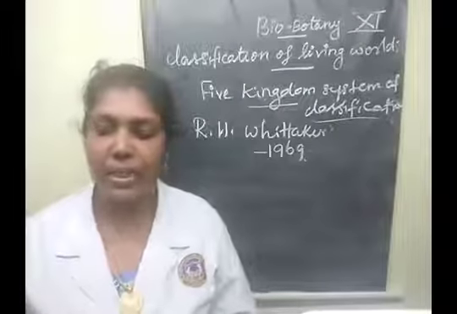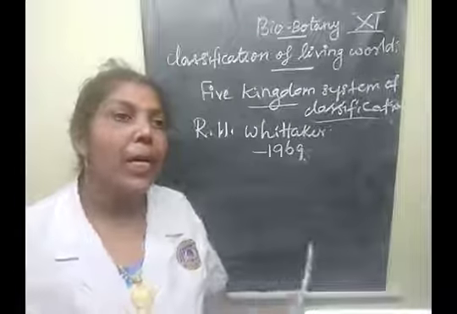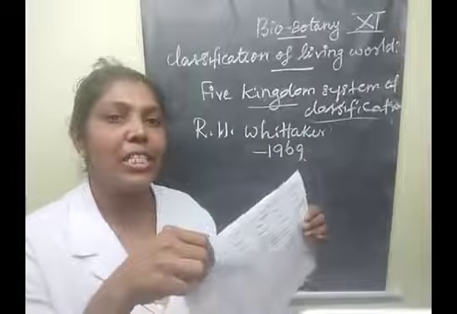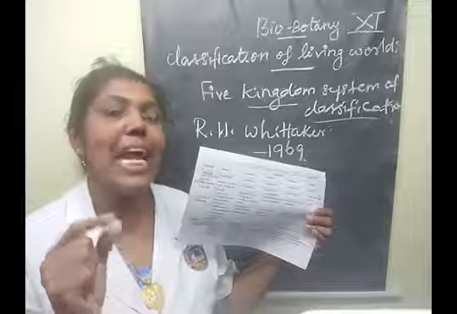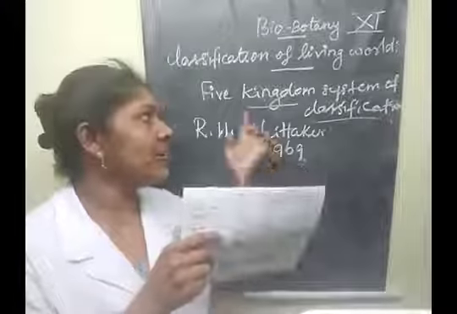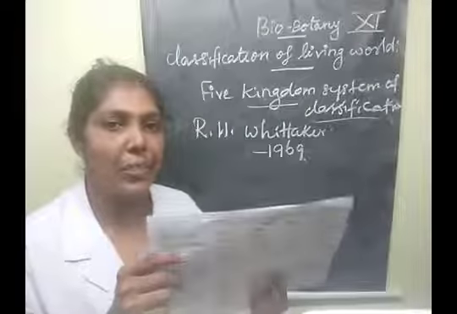Understood? The next one, we are going to learn the comparative studies of the 5 kingdom system of classification based on salient features.